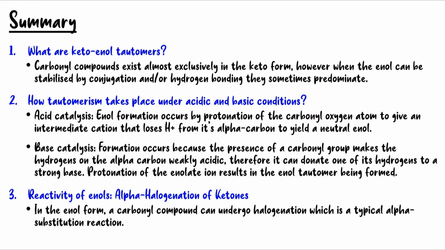And lastly, we've looked at the reactivity of enols with a particular example, the alpha-halogenation of ketones. So in the enol form, a carbonyl compound can undergo halogenation, which is a typical alpha substitution reaction. Thanks for watching.